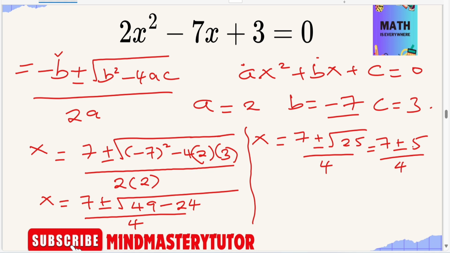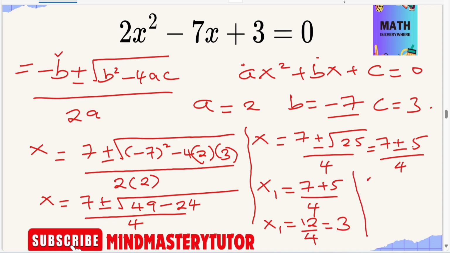Sawa paka hapo nadhani. 7 plus or minus 5 over 4. So x zako itakuwa mbili. X ya kwanza ikiwa na positive, so itakuwa ni 7 plus 5 divided by 4. So x1 equal to 12 divided by 4, and it gives you the answer to be 3.